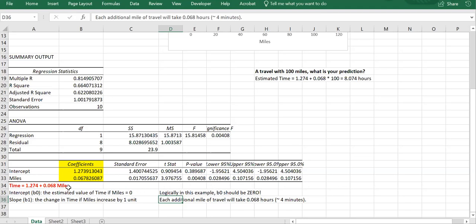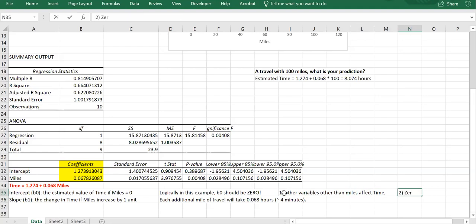So we may have other factors that are not included in this model. One reason is that other variables other than miles affect time. The second reason is the notion of experimental region.